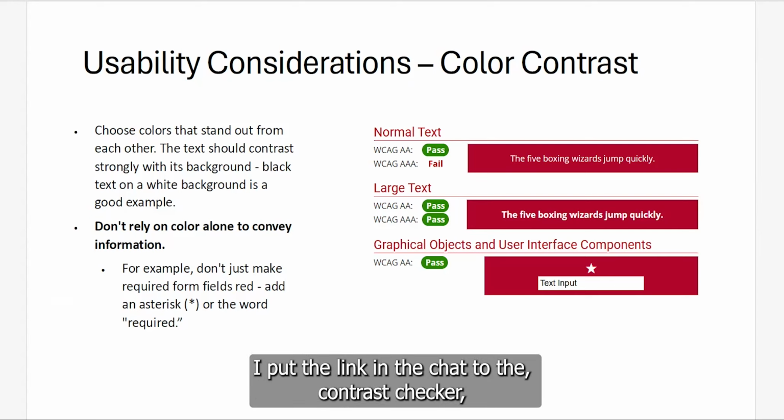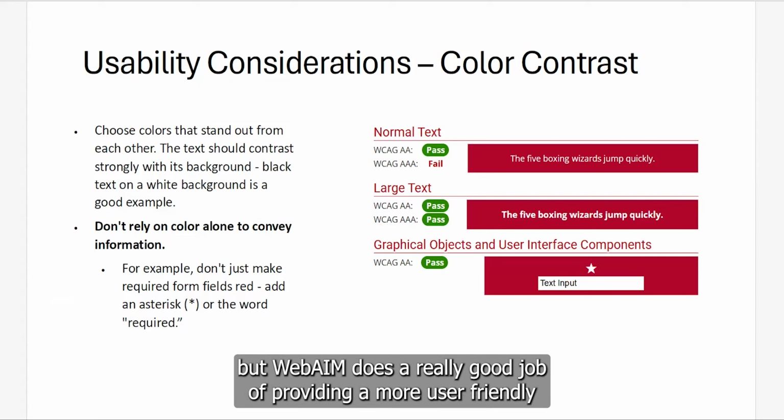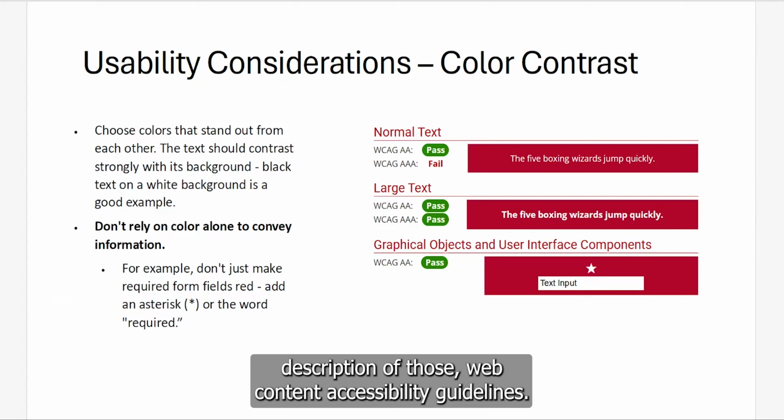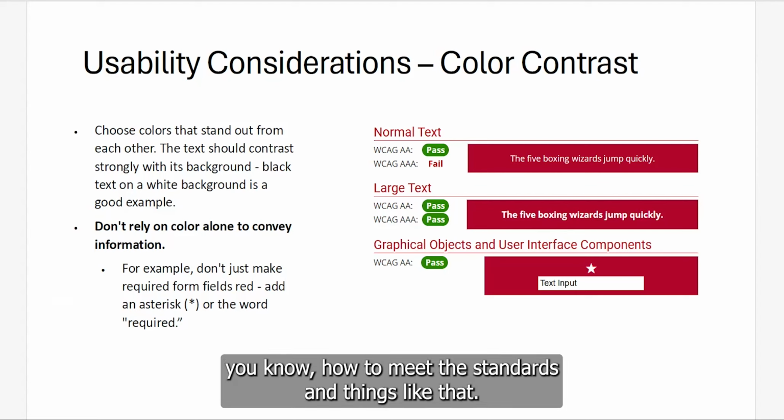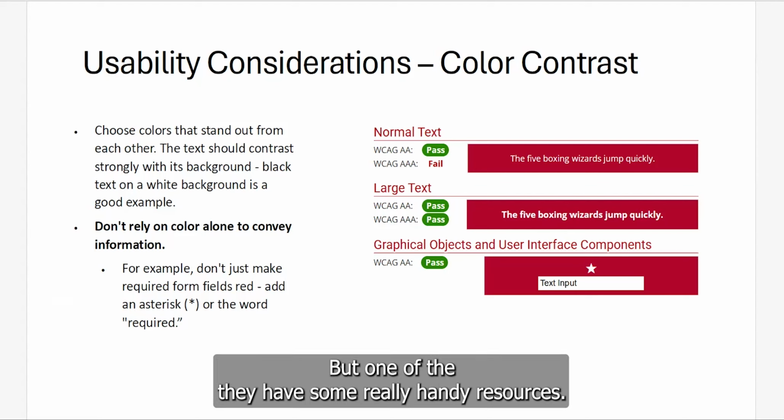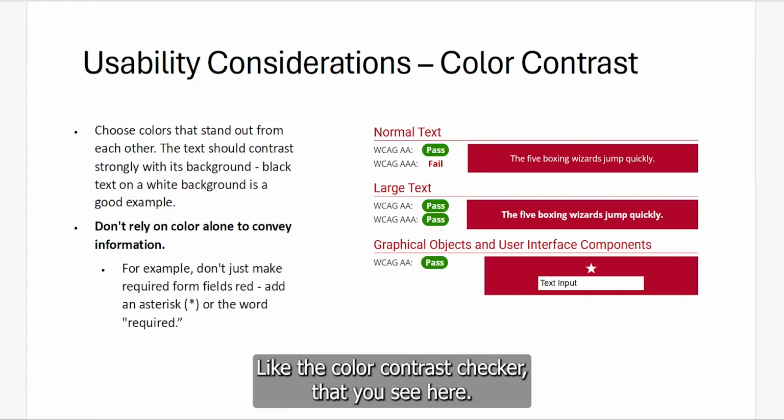I put the link in the chat to the contrast checker. But WebAIM does a really good job of providing a more user-friendly description of those web content accessibility guidelines. There are a lot of different examples of how to meet the standards and things like that. But they have some really handy resources, like the color contrast checker that you see here.